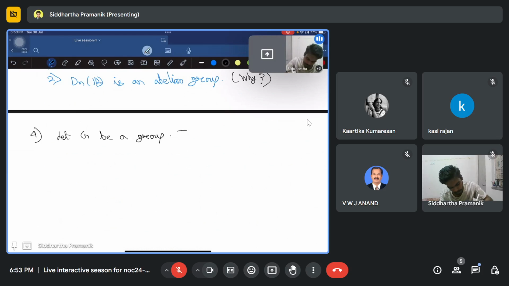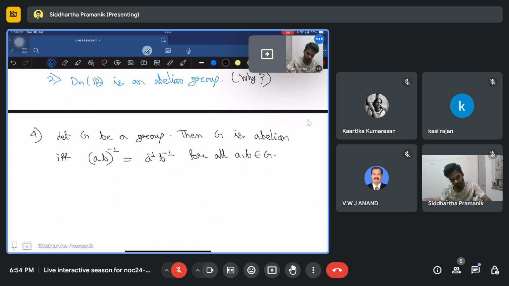Then G is abelian if and only if (AB) inverse is the same as A inverse B inverse, and this would hold for every elements A and B in G. So this basically says if this equation holds for every pair of elements A, B, then our group G must be abelian.